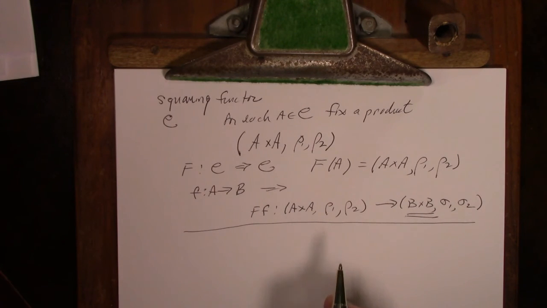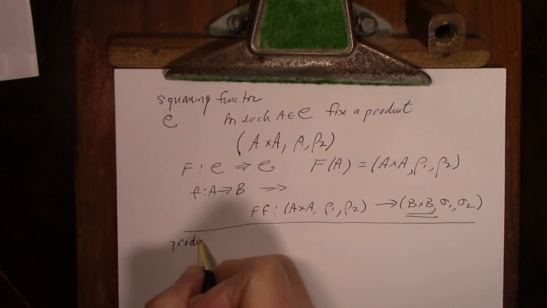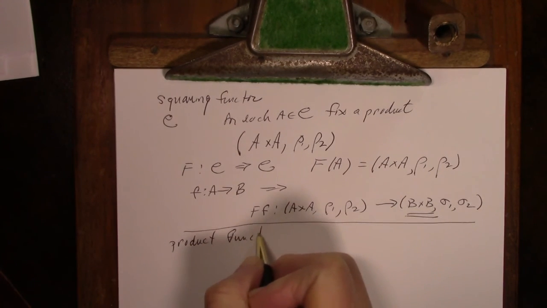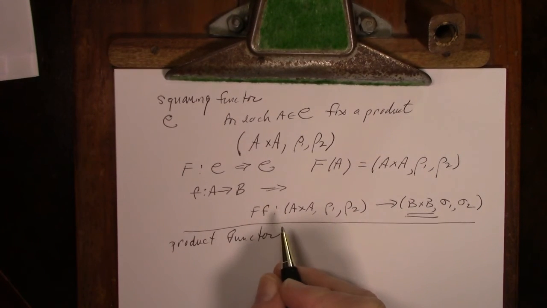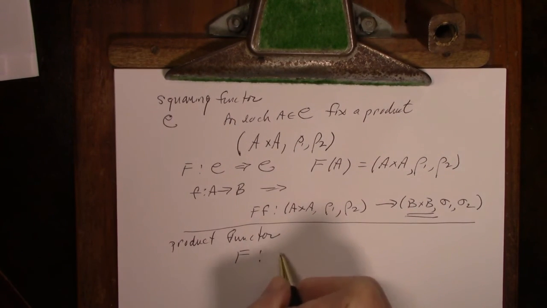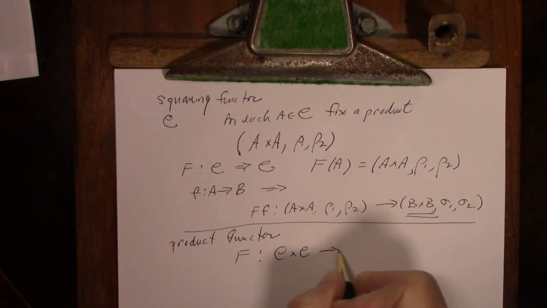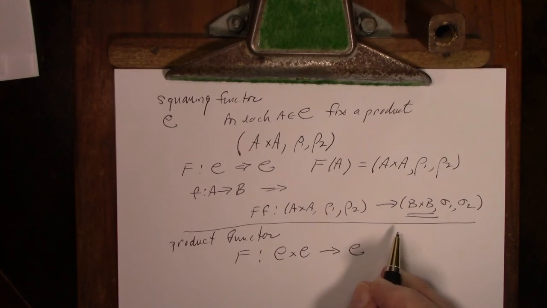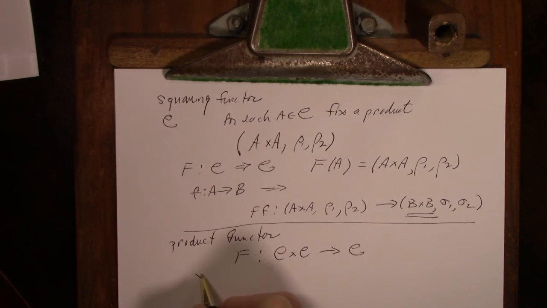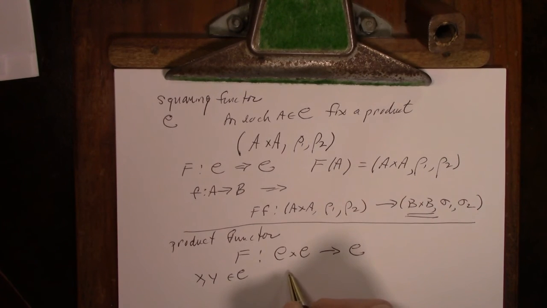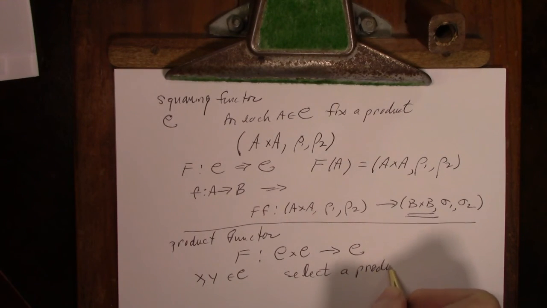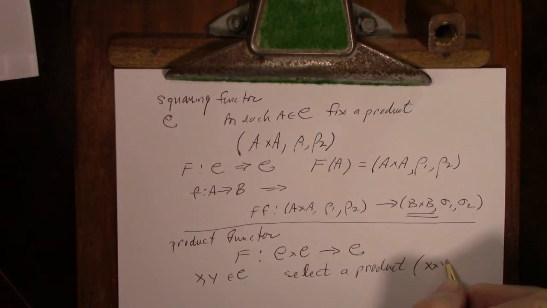You can do this in more generality. The product functor, that maps the product category C cross C into C. And here again we need to assume that binary products exist and that we've selected for every pair X and Y of objects, we select a product, fix a product, X cross Y, row 1, row 2.